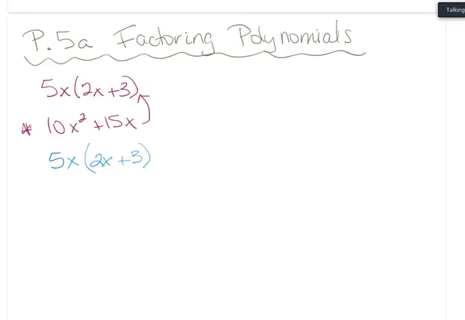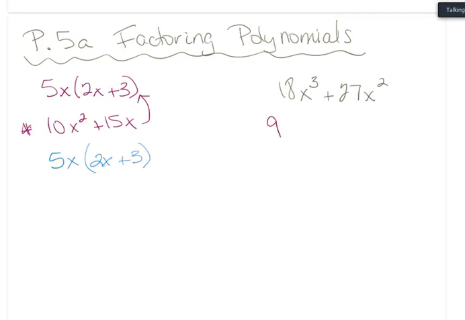Alright, so let's try one more. Let's say we had 18x to the third plus 27x squared. So I want to find the greatest common factor that goes into these. I'm going to start with my numbers. With 18 and 27, what divides evenly into both of those? 9. Yep, good job.